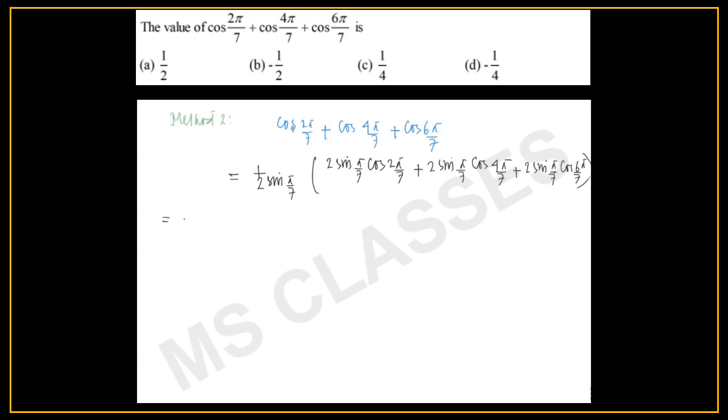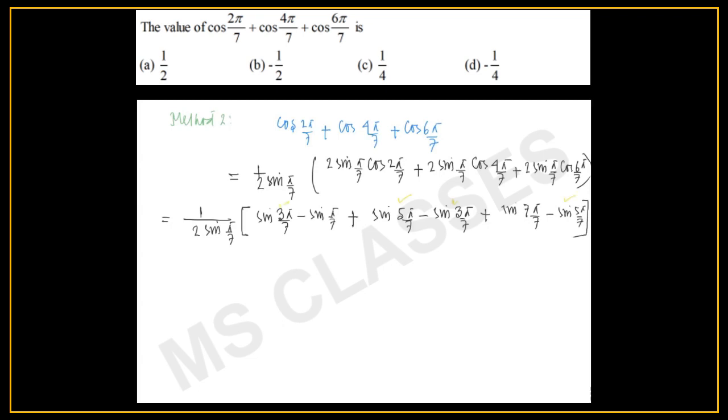Now we can simplify here. Now this is 2 cos A sine B, and 2 cos A sine B is sine A plus B minus sine A minus B, plus sine A plus B minus sine A minus B, plus sine A plus B minus sine A minus B. Now we observe that this term is cancelled out.